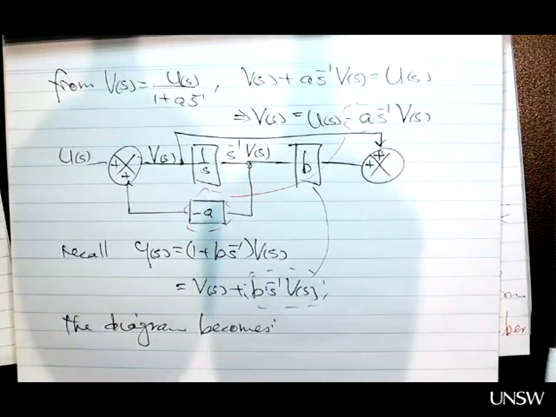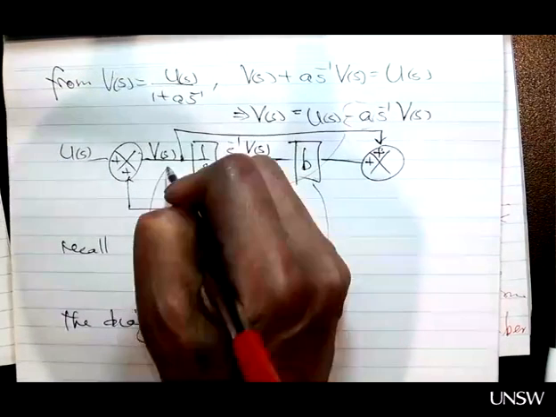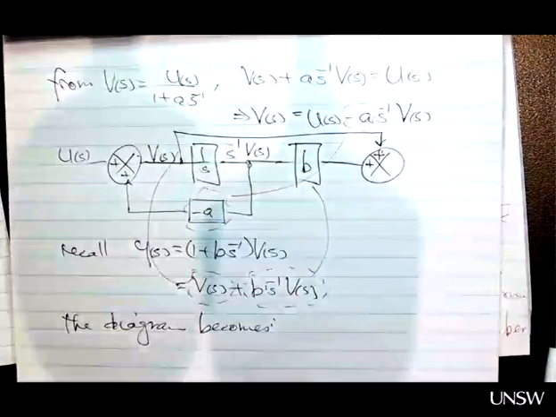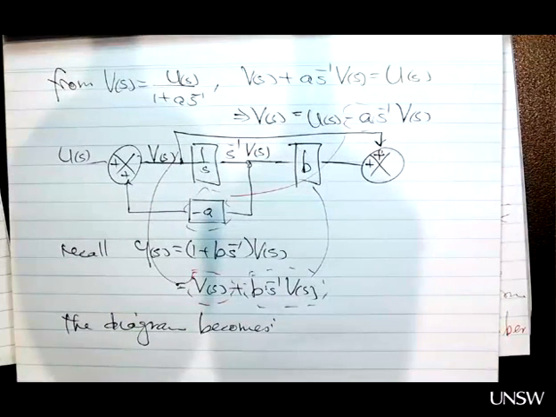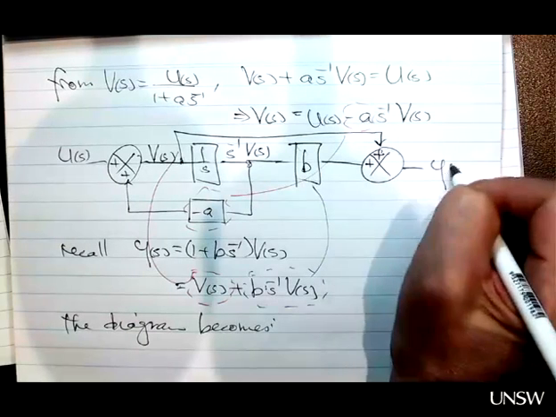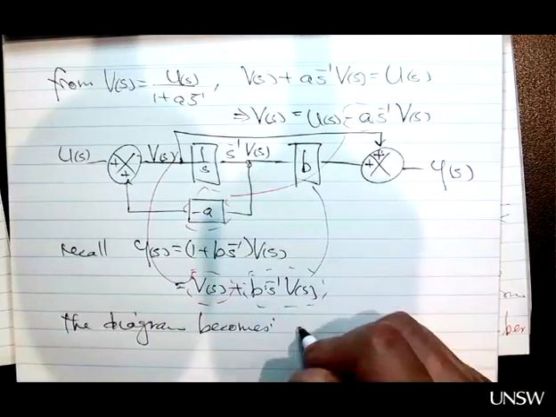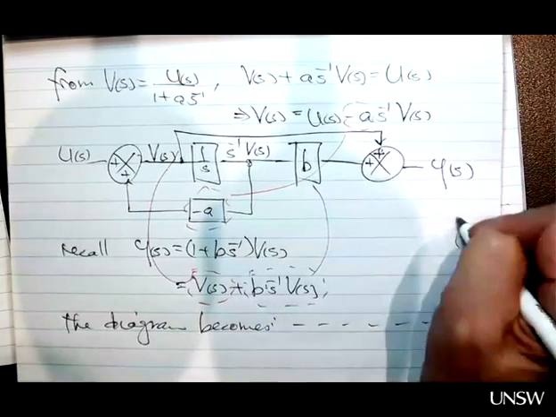So this part is here. And then this is our output Y of s. So our diagram becomes this.